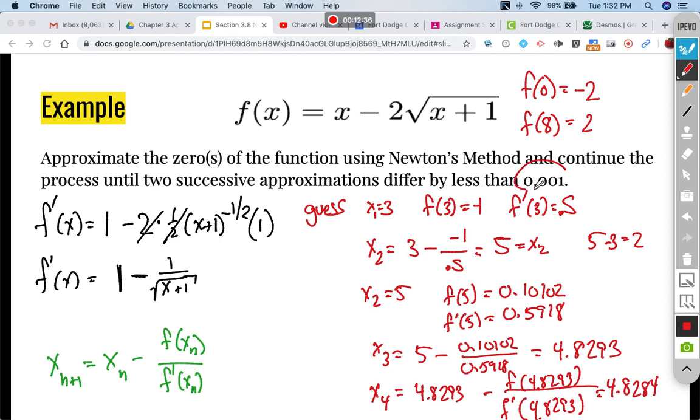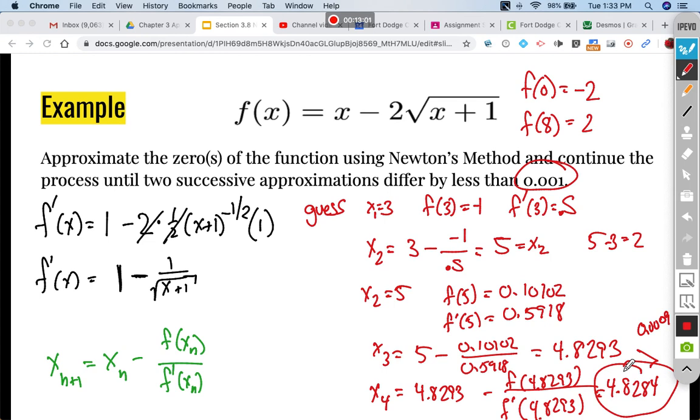Now I want a difference less than 0.001. If I look at the difference between these two, it's going to be 0.0009. So I'm going to say this is the approximation of the zero of this function.